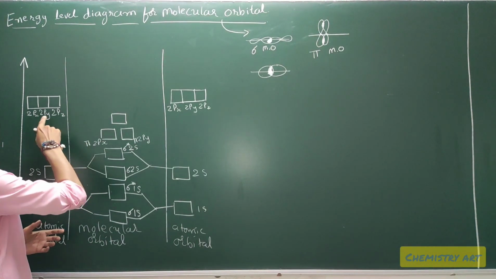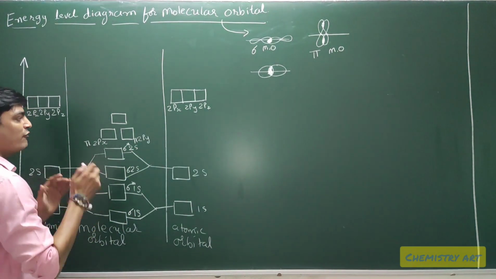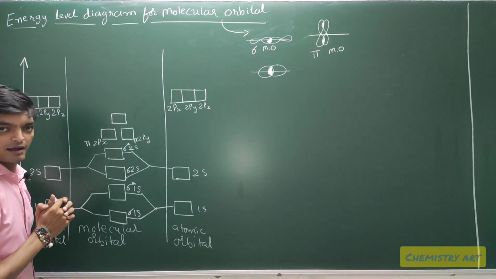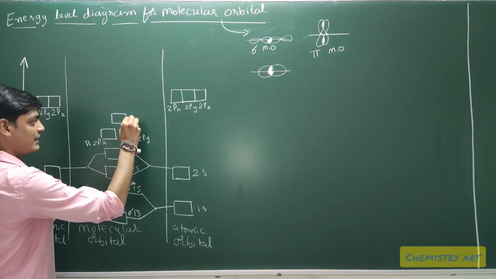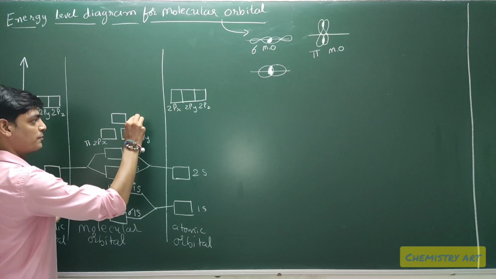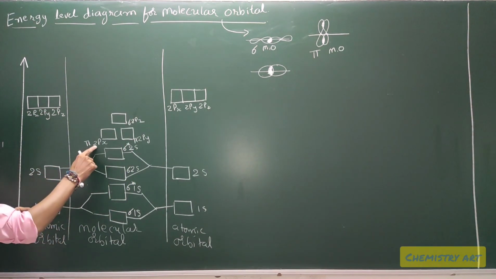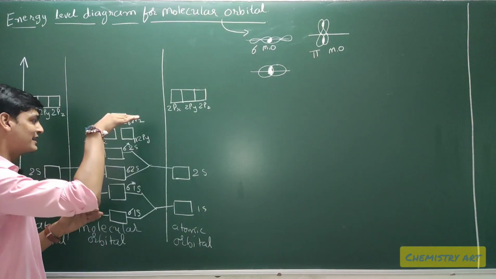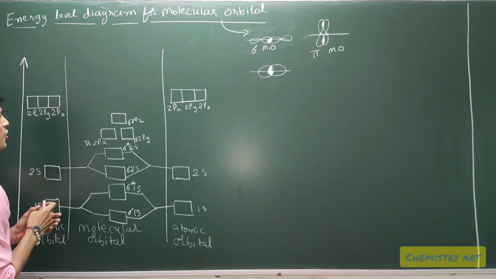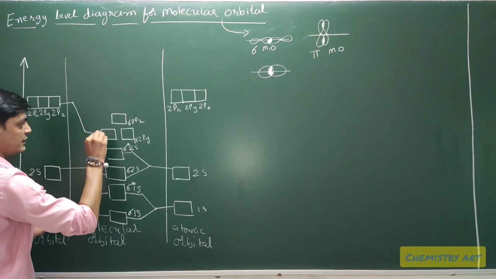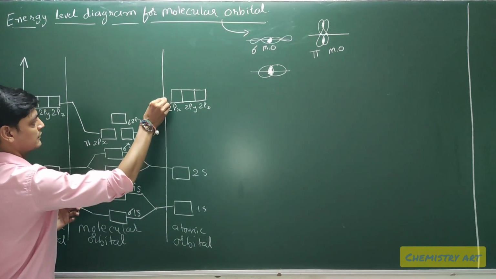Then 2pz forms the sigma molecular orbital, so here I will write sigma 2pz. And in the energy level you can see that pi 2px and pi 2py have less energy than sigma 2pz. So it will be like this.